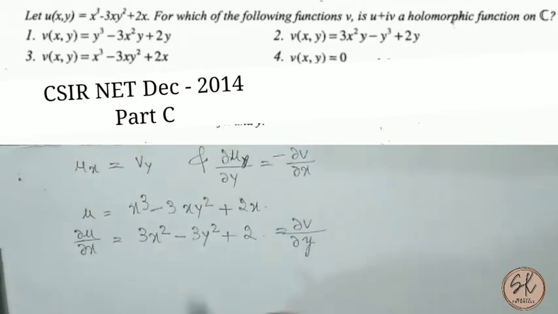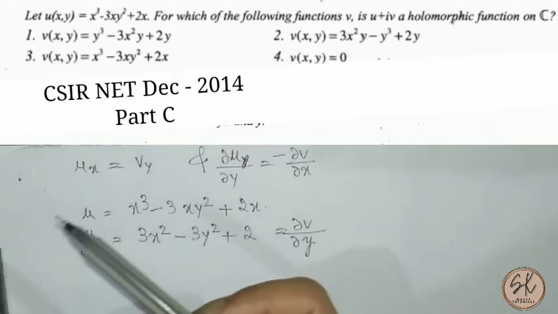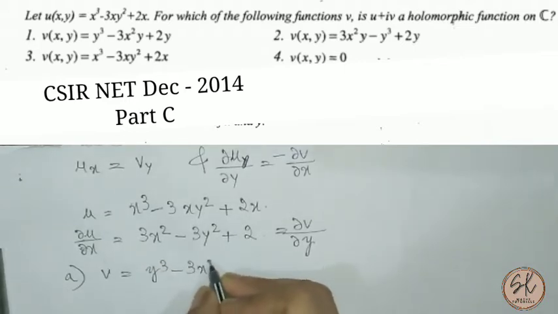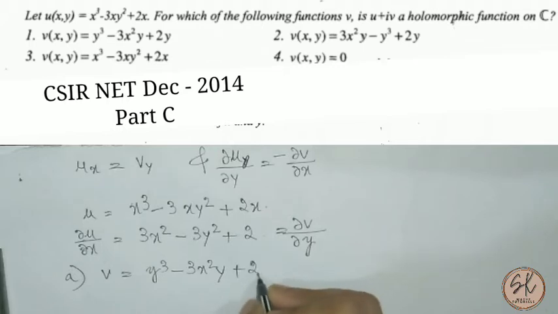Here in the question we are given 4 options for v. So we will differentiate this v with respect to y, and we will check for which v the partial derivative with respect to y is equal to del u by del x. Let us check option A, where v is equal to y cube minus 3x square y plus 2y.